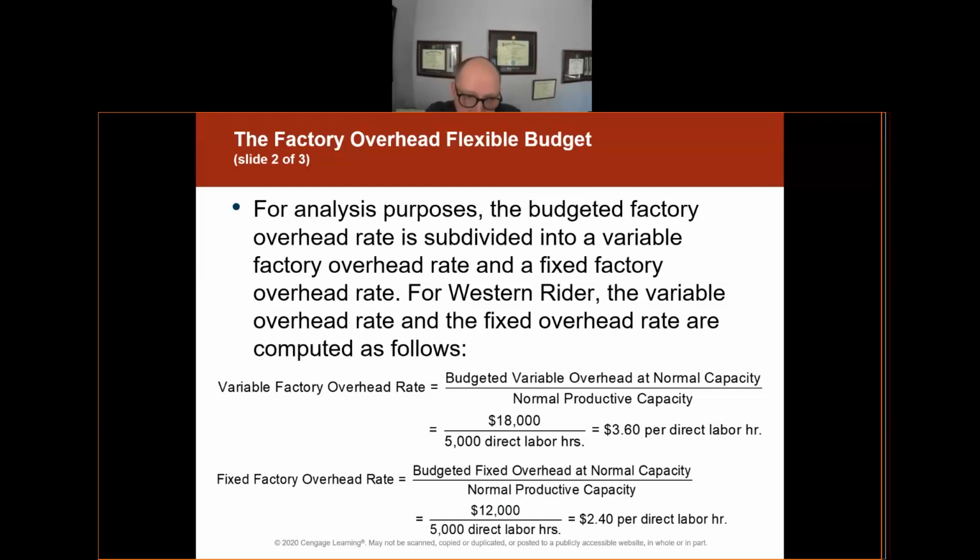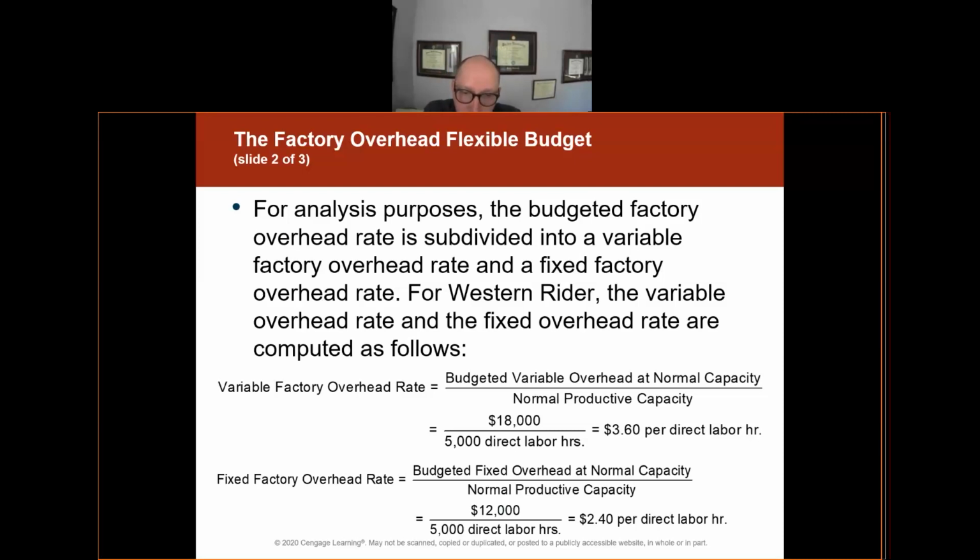So to do that, for the variable factory overhead rate, we take the budgeted variable overhead at normal capacity. Normal capacity means 100% capacity. Divided by the normal productive capacity, that is 100%, the planned labor for that period, 5,000 hours.